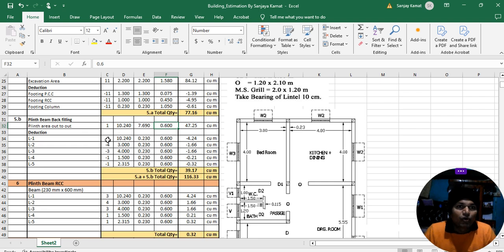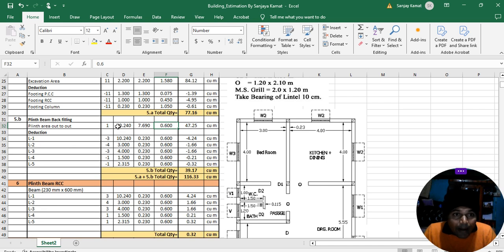Okay, so we now know the number, the length of the plinth area out to out, the breadth out to out, and the depth.